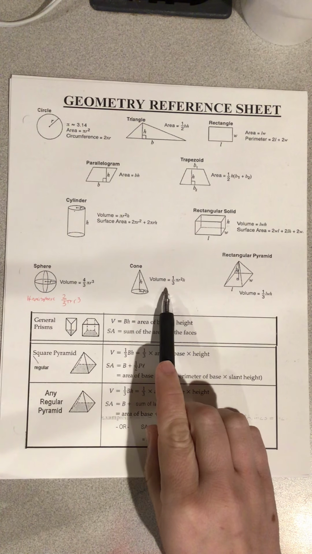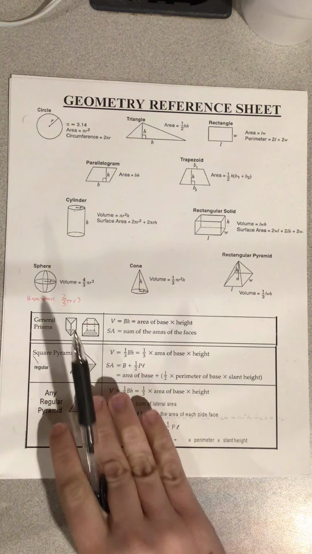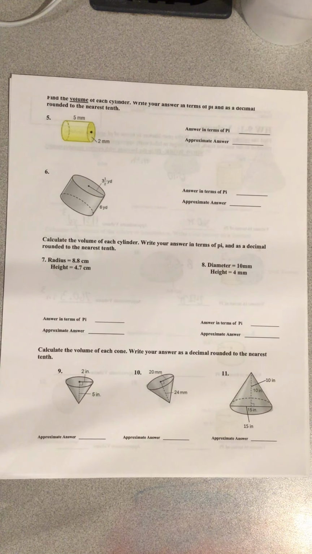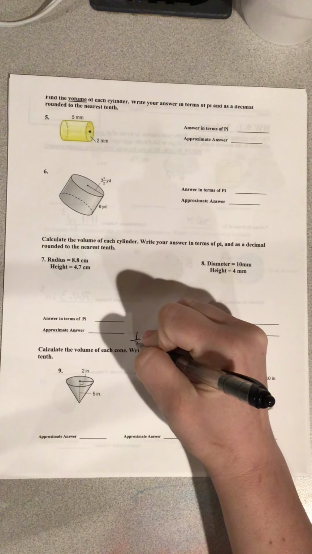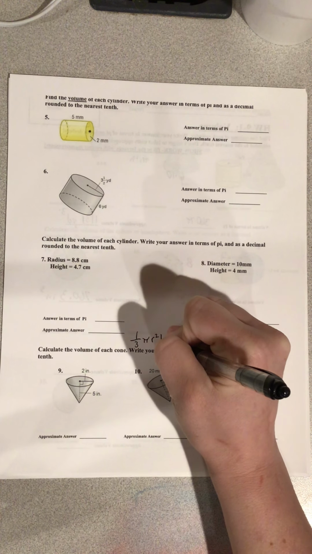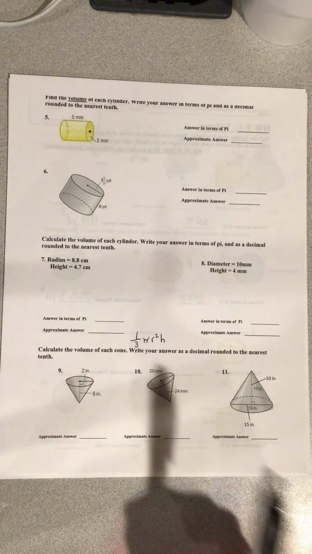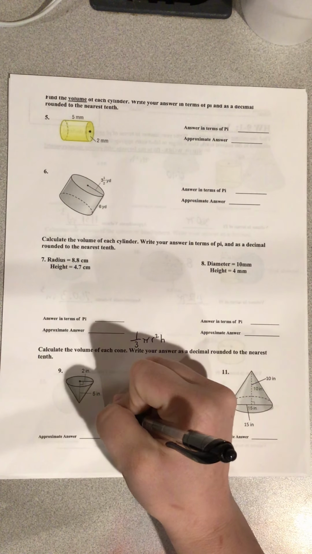Our cone right here is 1/3 pi r squared times height. So I'm going to take what I know and write it down right here. 1/3 pi r squared times height. And I'm going to use it to solve this guy. Since I have a 1/3, what I like to do is put everything over 3.